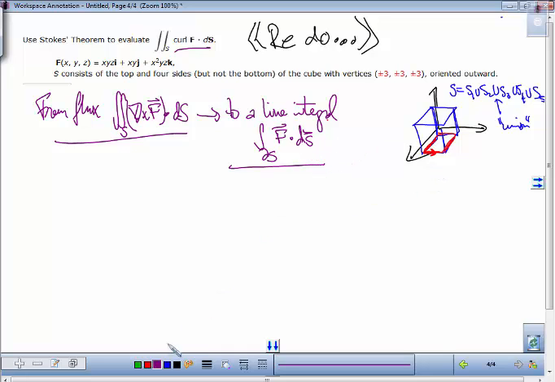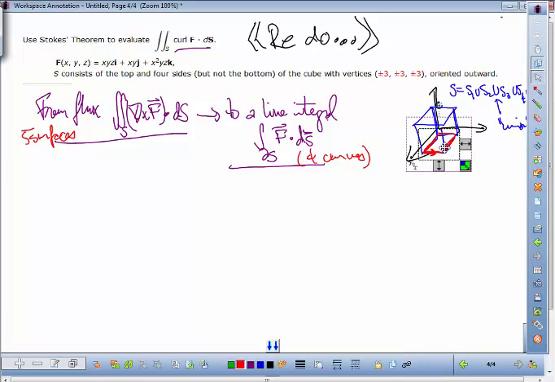Now, the line integral still has 4 curves, 4 lines, to deal with, and this has 5 surfaces. So our flux integral had 5 surfaces. Our curve has 4 curves. Now, remember what I said about going from a flux to a line and then back to a flux again? So we've established now that this is a boundary for our surface.